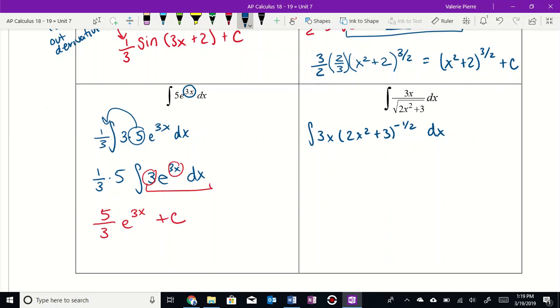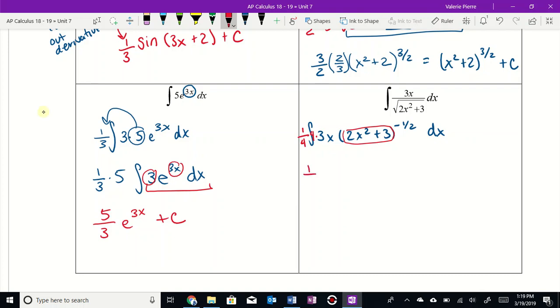The derivative of our inner function, so our inner function is 2x squared plus 3. The derivative of that is 4x. We do not currently have a 4x, but we do have a 3x. So we want to multiply this by 4. And to make sure that we can cancel out that derivative, we want to multiply by 1/4.